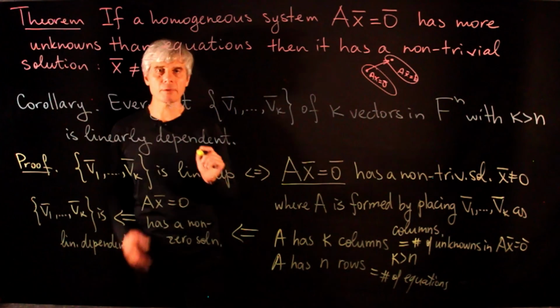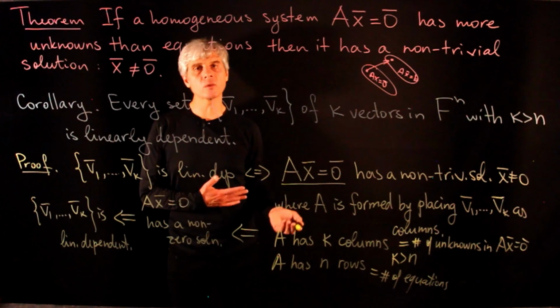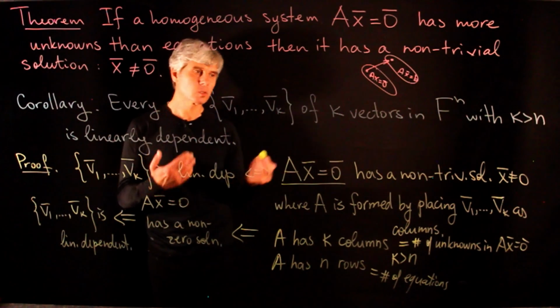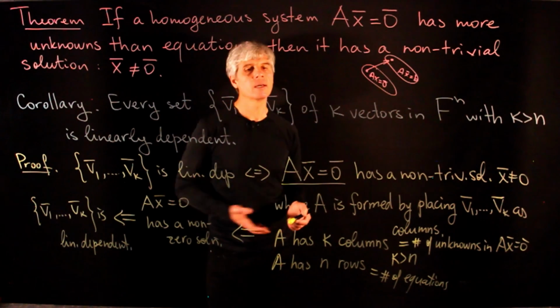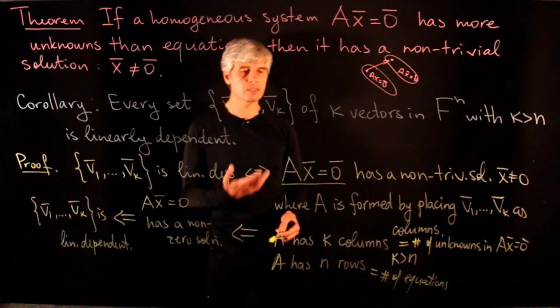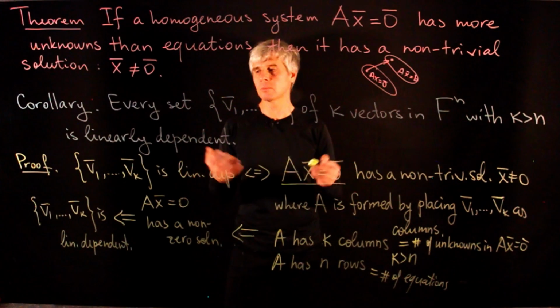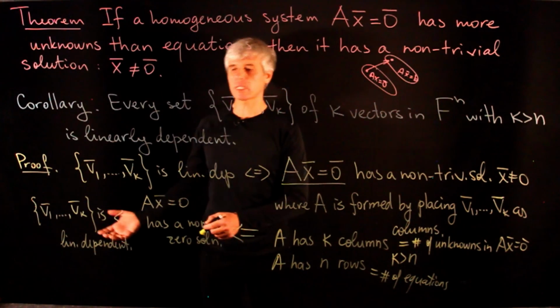If we have 3 vectors in F5, then they could be linearly dependent or linearly independent. So this only says that if we have 5 vectors in F3, then this set is guaranteed to be linearly dependent.